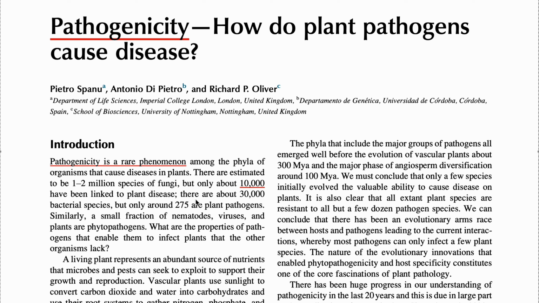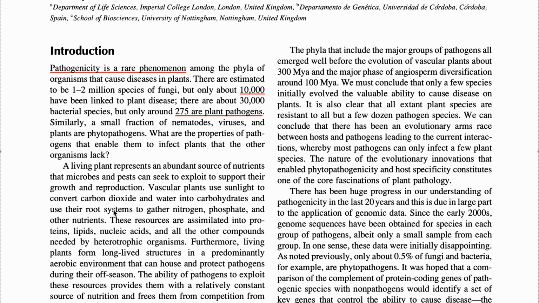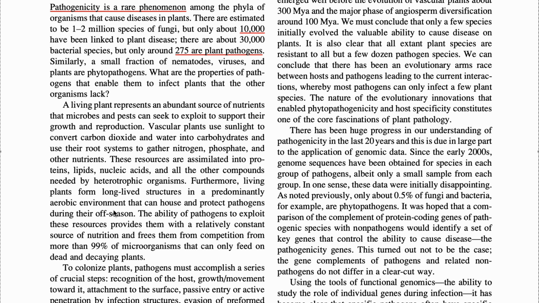Similarly, there are about 30,000 bacterial species, but only around 250 are plant pathogenic. Again, only a small fraction of nematodes, viruses and plants are phytopathogens. So, what are the properties that this small fraction have that others don't? That we will see in the following section.